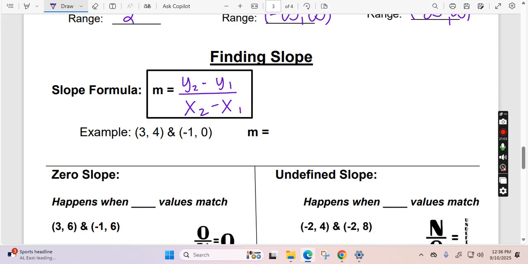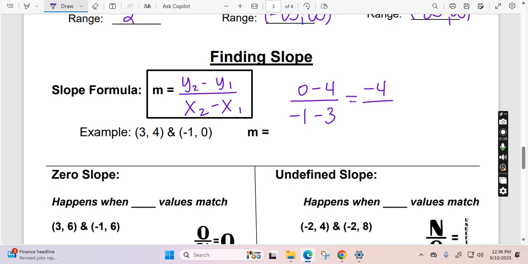They give us an example and they give us two coordinates, and they want us to find the slope. So what is my y2 value going to be? My y values are 0 and 4. My x values are negative 1 and 3. So what's 0 minus 4?